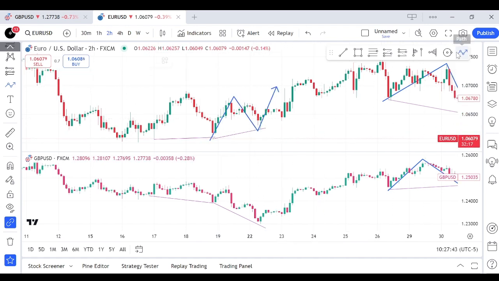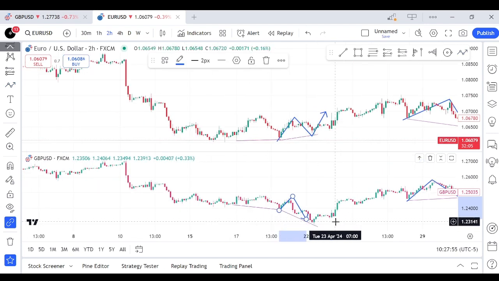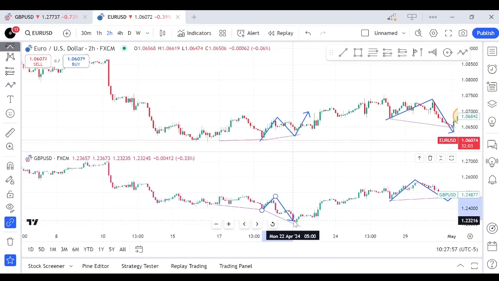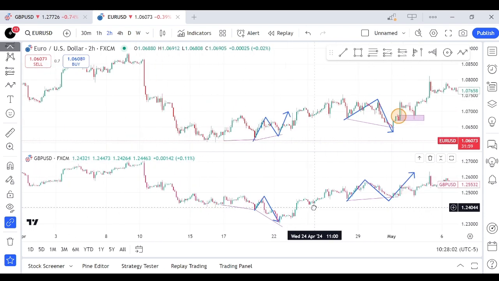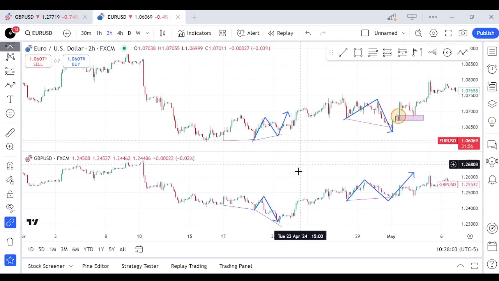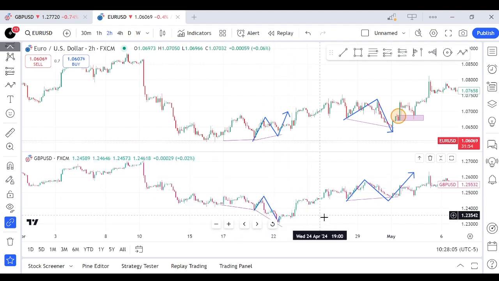But on the GBP USD was giving us higher lows, lower lows, lower highs, lower lows, and you can see that is a divergence, and that in this case is a bullish divergence. One pair doing exactly the opposite of what the other pair is doing, but they are correlated.